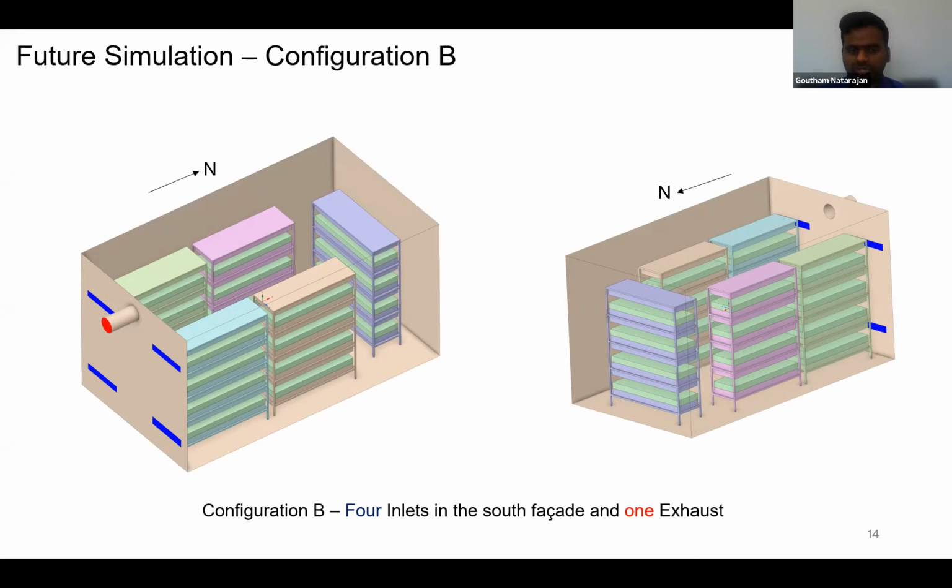With future simulations, as we are in the initial stages, we are trying to figure out the best way to go forward with the different configurations. It's just a recommendation that I think the effect of velocity comes from the exhaust more than the inlet, in my opinion. Okay, thank you. Thanks for the suggestions. We will definitely look into it.